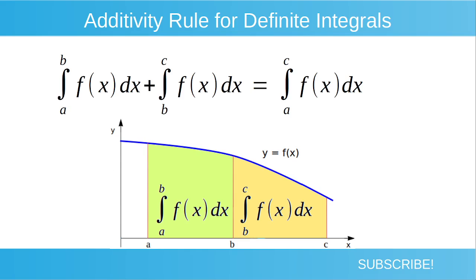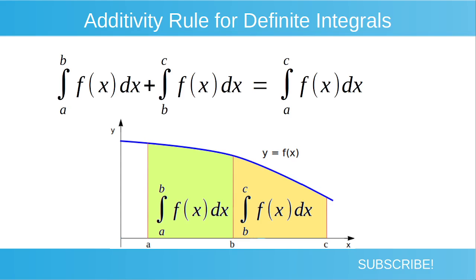We can calculate the shaded yellow net area between the function curve and the horizontal axis from b to c as being equal to the integral from b to c of f of x dx, which is written inside the shaded yellow region.